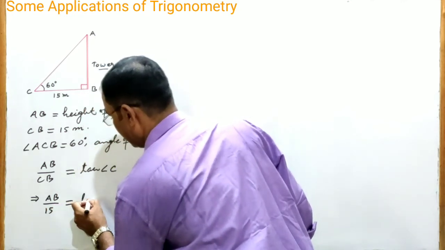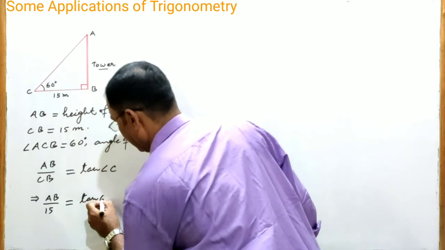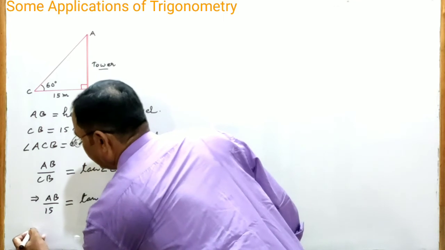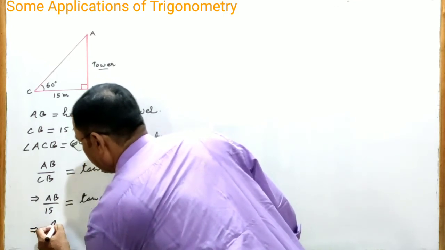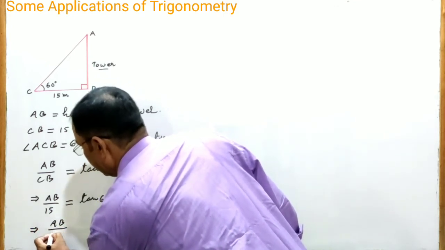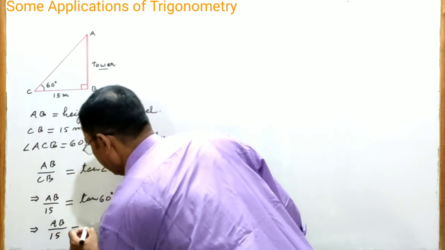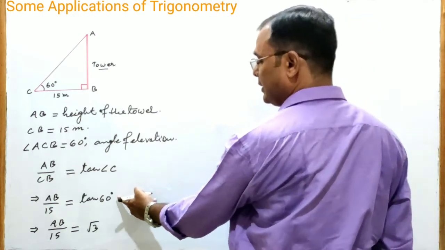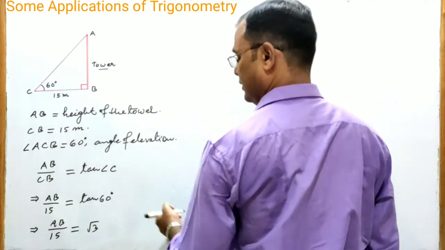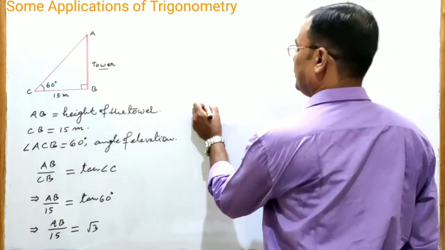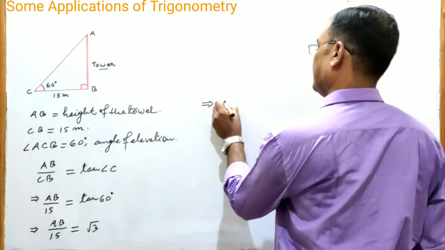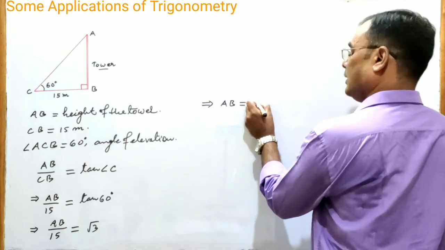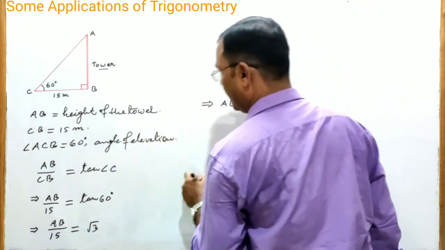And angle C is 60 degrees. This implies AB by 15 is equal to root 3, since the value of tan 60 degrees is root 3. So this implies AB is equal to 15 into root 3.